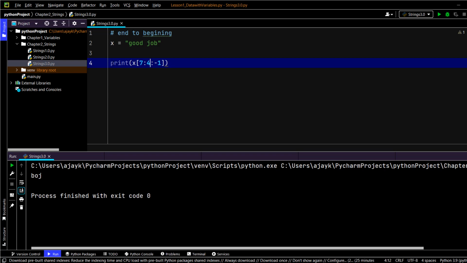But this is not how we actually refer when I have to do the reverse calculation. I'll tell you how we can do that, because first of all, there is a flaw: if I have to go till the last character, you can't write -1 here. It's not allowed, right? -1 is not the position.